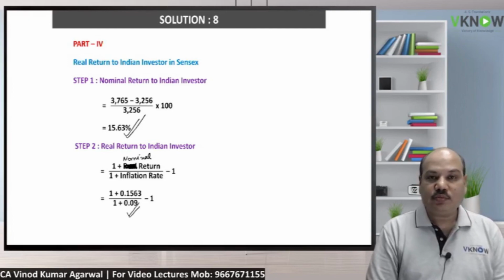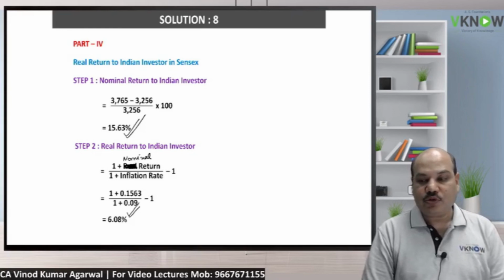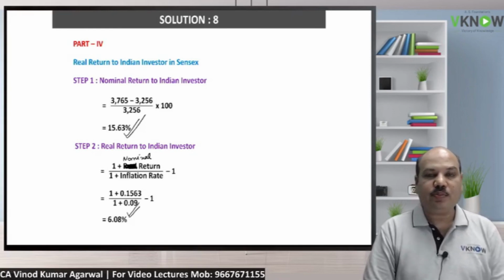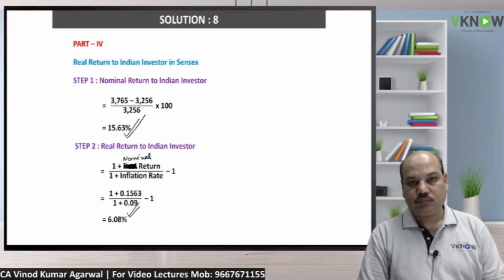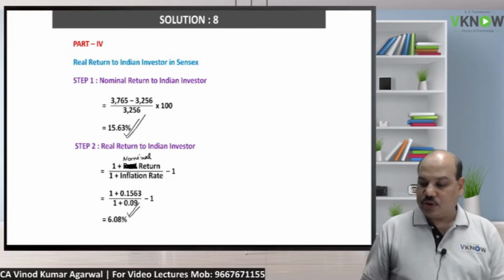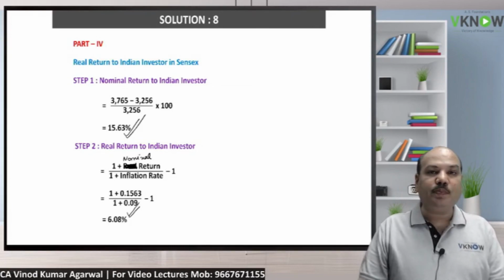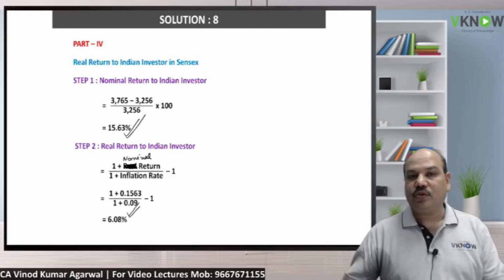Minus 1. Solve it. The answer is, check the answer. Approximately 6.08%. Are you getting 6.08%? You're right. So this is the answer to this very important question. Do it properly, revise it, and it can be asked in your exam. So thank you very much.